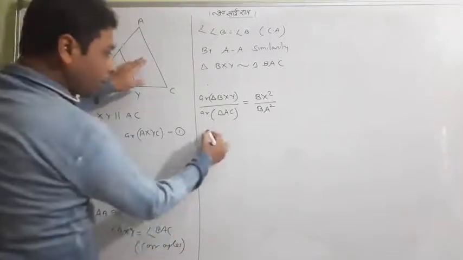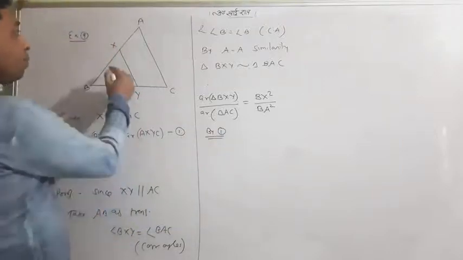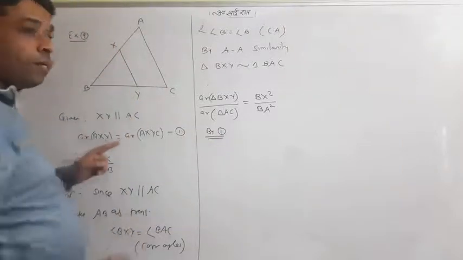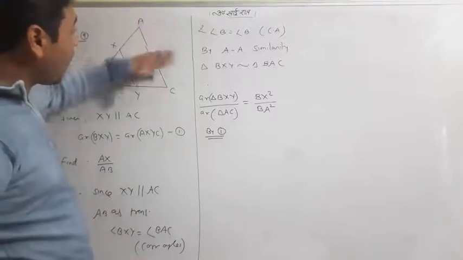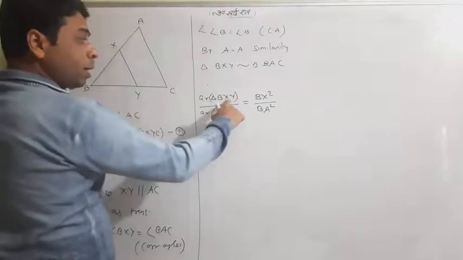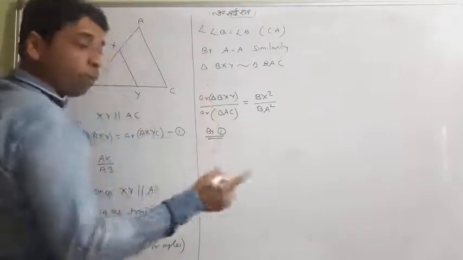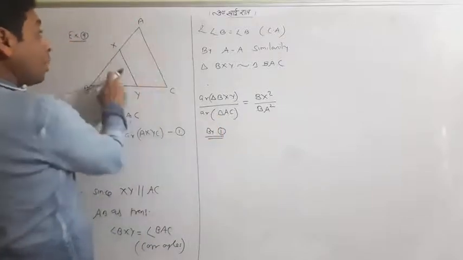So by 1, this means that this area and this area are equal. It means that small triangle area is actually half of the whole triangle area. So small one BXY is actually half of the total, or BAC is the total which is double of BXY.